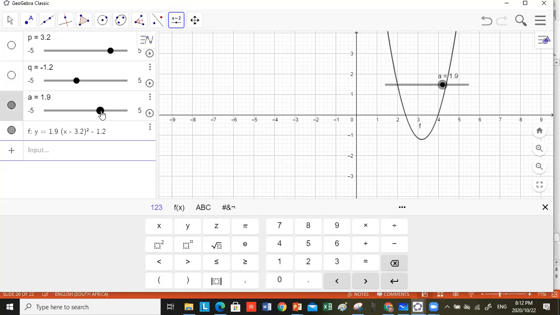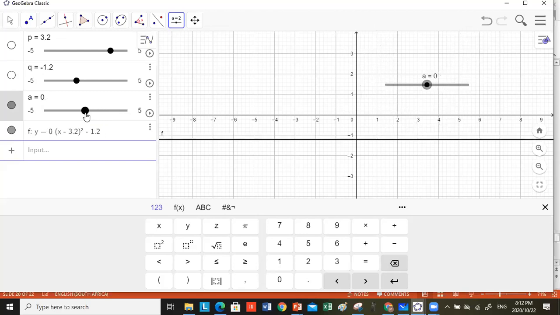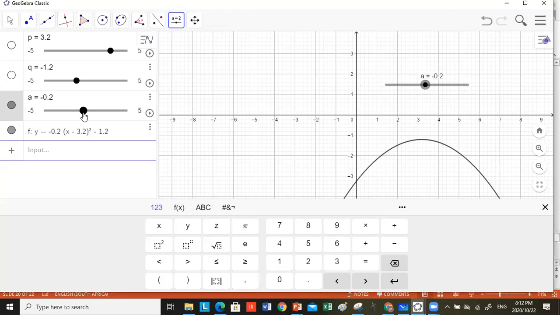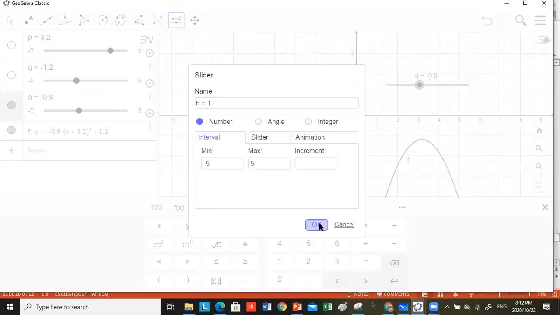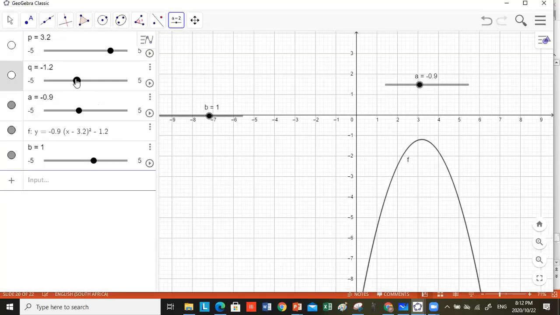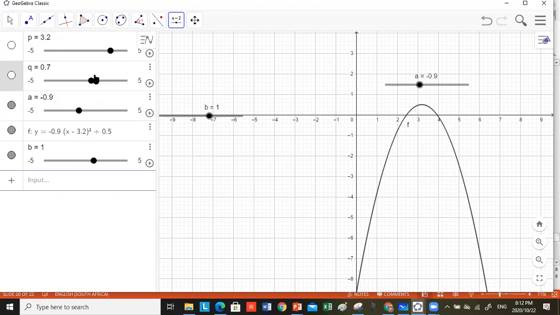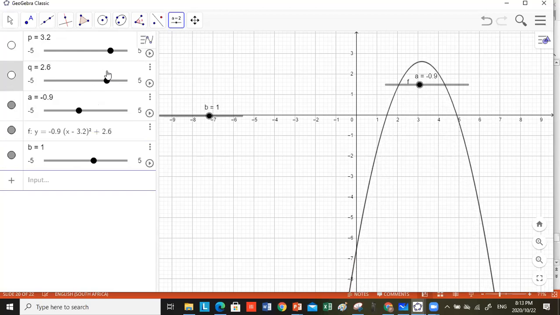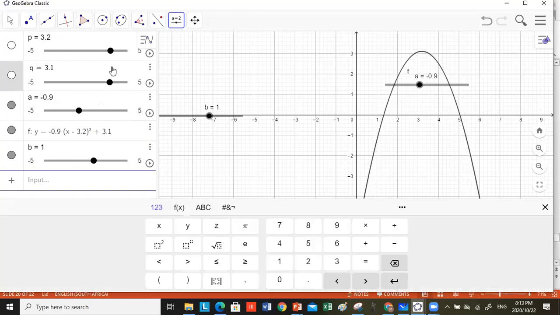Let's just see what is happening if we're decreasing our A. If A is becoming more negative, let us move this function a little bit upward so that we have our roots. Okay, so this is how these parameters affect our functions.